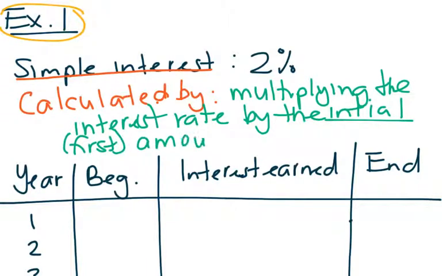So we know from the example, how much money do we have to start? We've got $10,000.